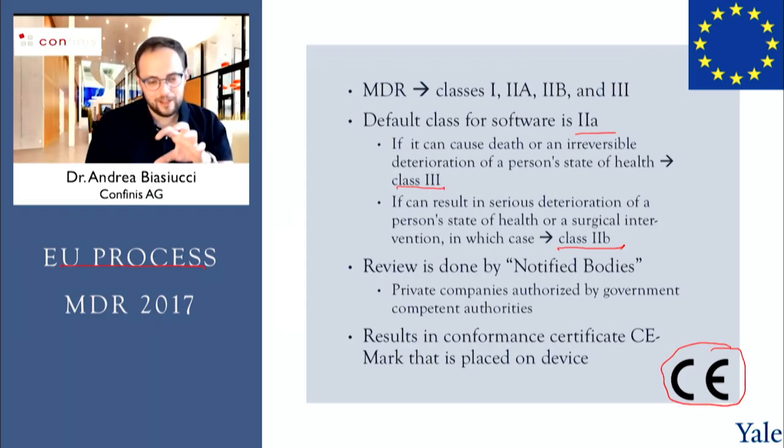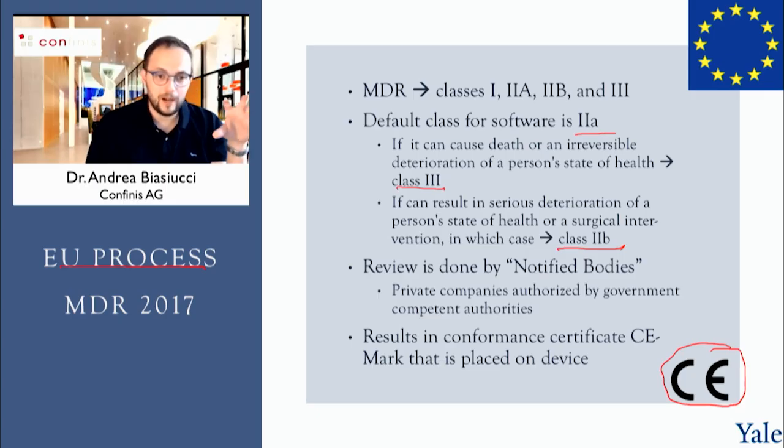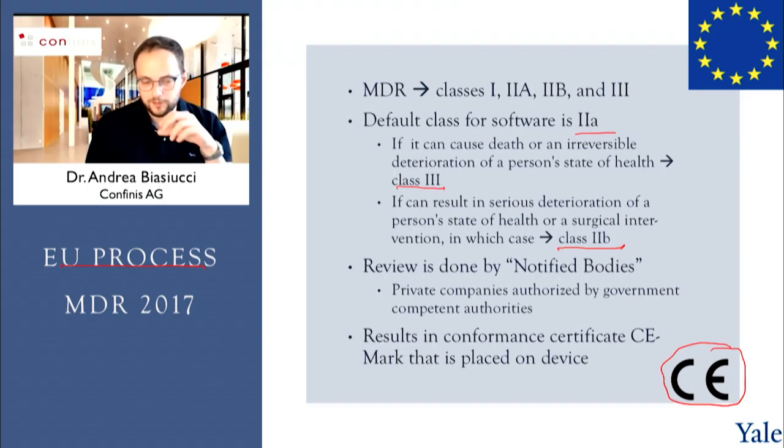And then they have another entity that is, interestingly, a private entity, a set of private companies called notified bodies that receive the power jointly from competent authorities and the European Commission to analyze a dossier of devices and release CE marks for certain types of devices.